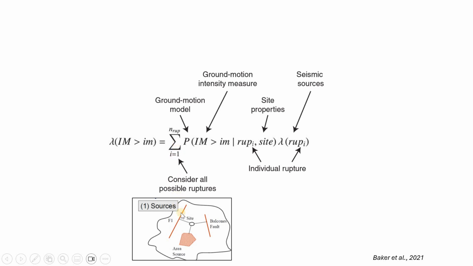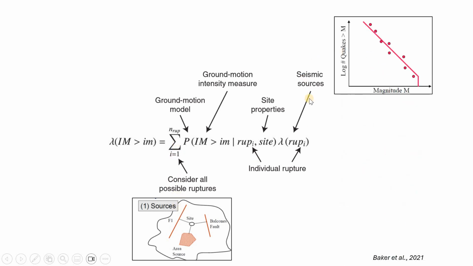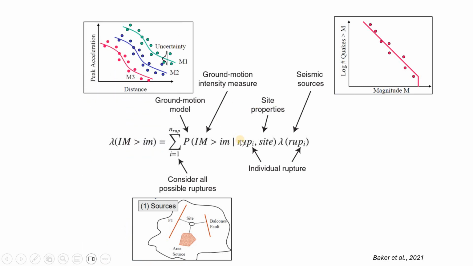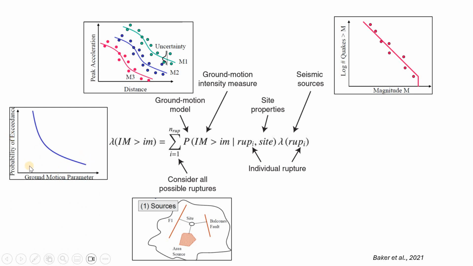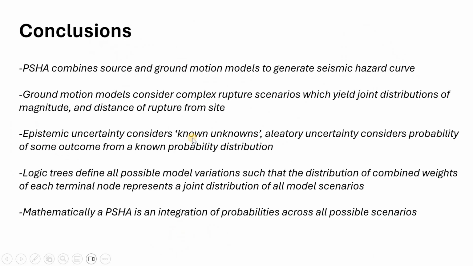So again, integrate across all the sources, source model, the magnitude frequency relationship, times the ground motion model, and that's going to give you this final seismic hazard curve. The rate, or probability, let's say rate, at which your ground motion is exceeding some threshold motion.